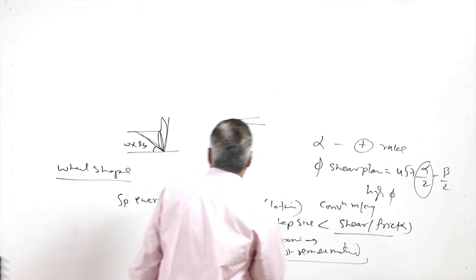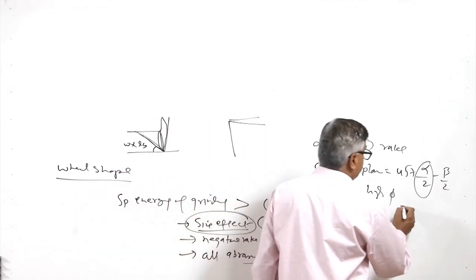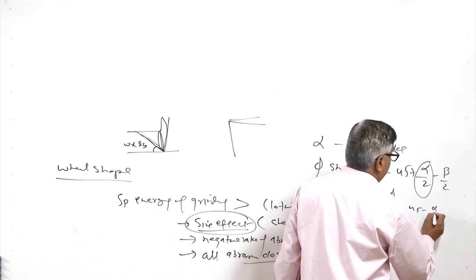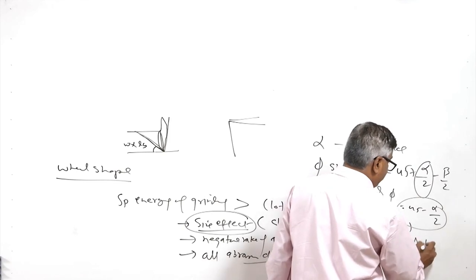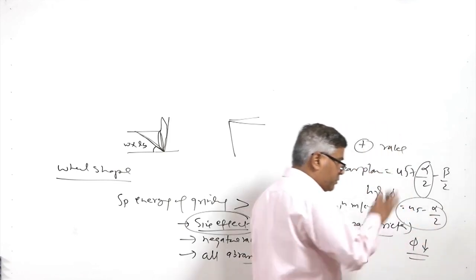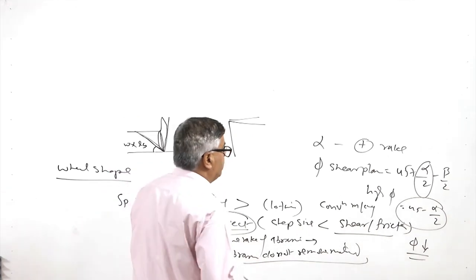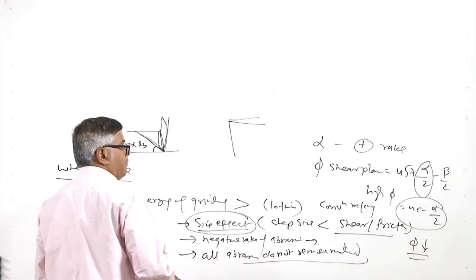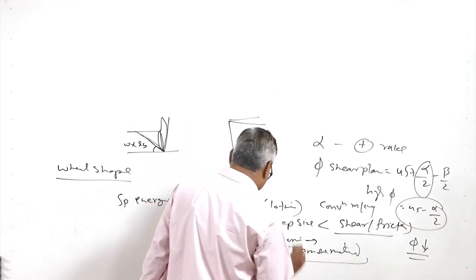When negative rake is used, it means 45 minus alpha, where alpha is negative. So, the phi value will be reducing, which will require more work to be done for shearing, and that is why this leads to an increased power requirement for grinding.